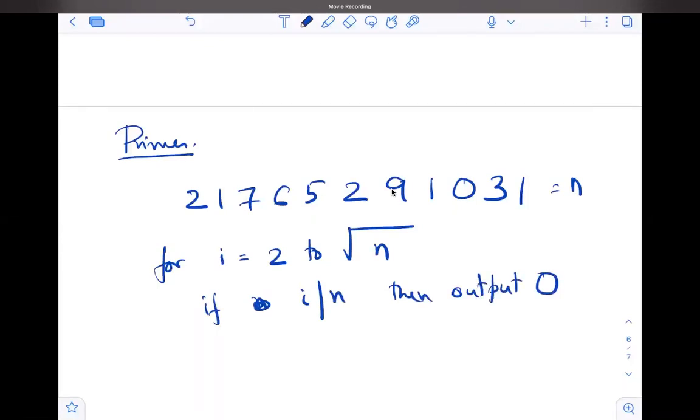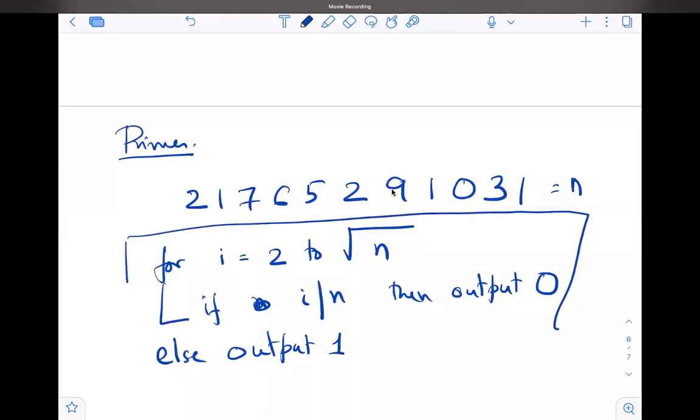Else output 1. Now this is an algorithm, and there's no doubt this is an algorithm. There's no question about that. But there will be no else. I mean, basically, if you don't output anything, then you output 1.